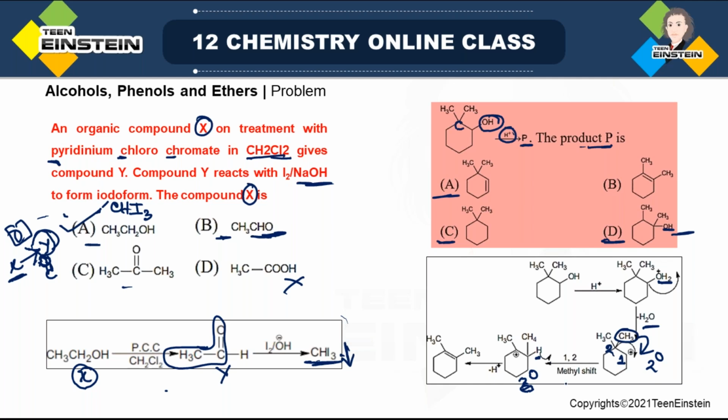Now, if you are thinking why not from the left hand side position, I am talking about CH3, where the positive charge is here, and another CH3. So we are removing this hydrogen. But why not the other hydrogen? See, if you remove this hydrogen, you will get this type of alkene.